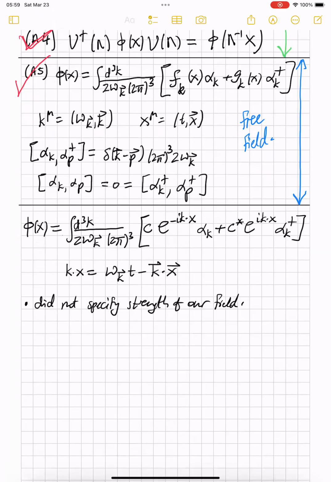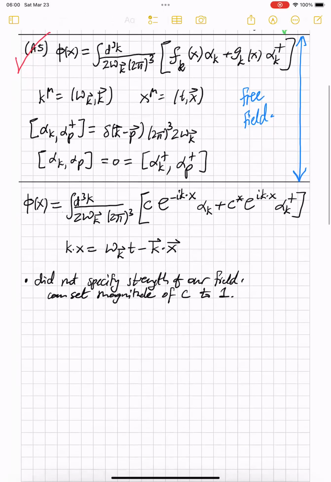So we haven't specified what units we're using. If we choose our units correctly, we can set the magnitude of C to 1. So we can absorb the magnitude of C. All that we're left with now is the phase, so the phase of C and C star.